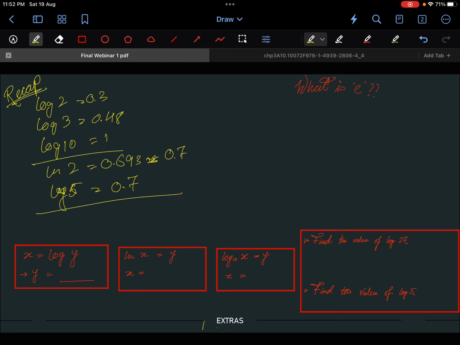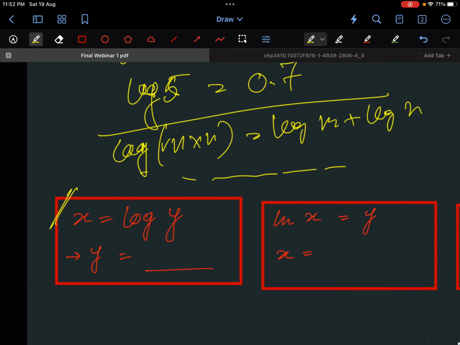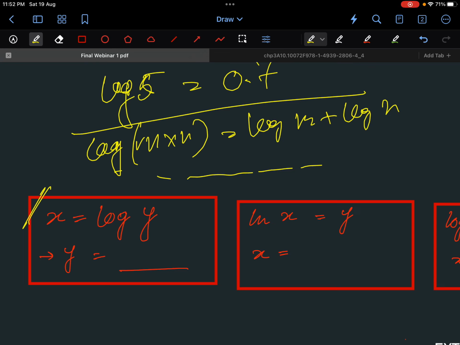And there are some properties like log of m into n is equal to log m plus log n. Okay, so these are some of the properties, and these are some exercises that we will solve right now. So if x equals log y, then y equals 10 to the power x.